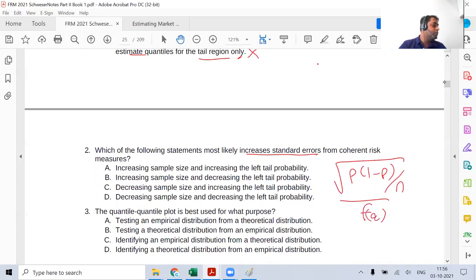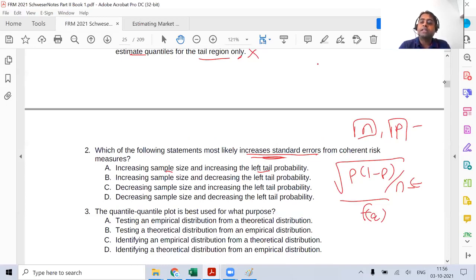See, they're talking about two things, the sample size and the P. Now when I want to increase my standard error, if I decrease my sample size, then my numerator will become bigger, right?